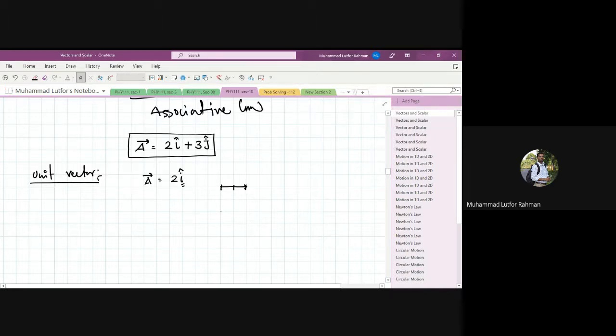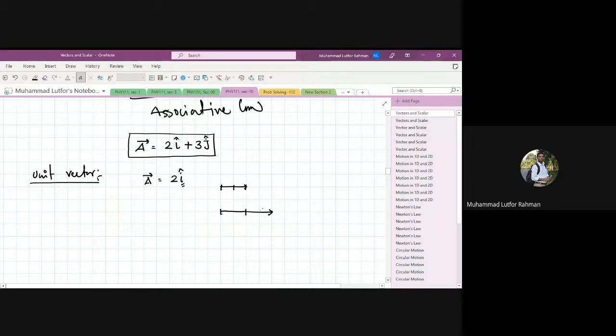Someone can say no, I will consider 2 smallest boxes as 1 unit. Then we have to move that way: these 2 boxes will be 1 unit and these 2 boxes will be another 1 unit. Added together, the total will be 2 units.